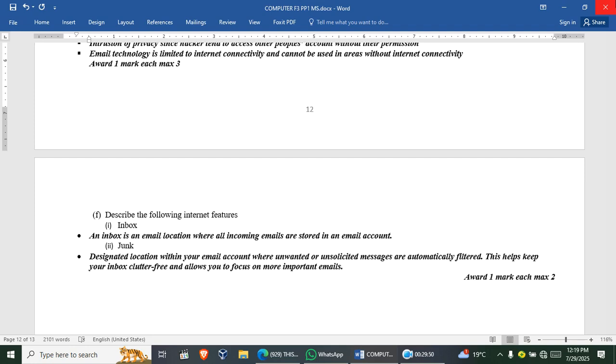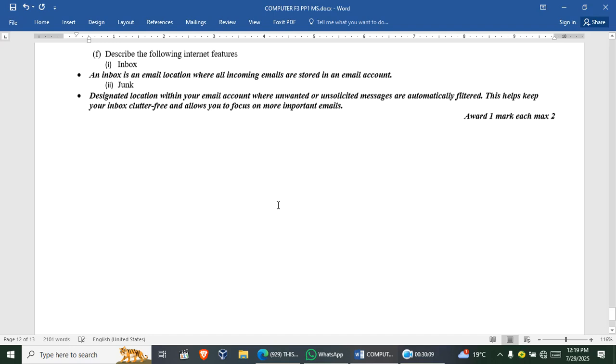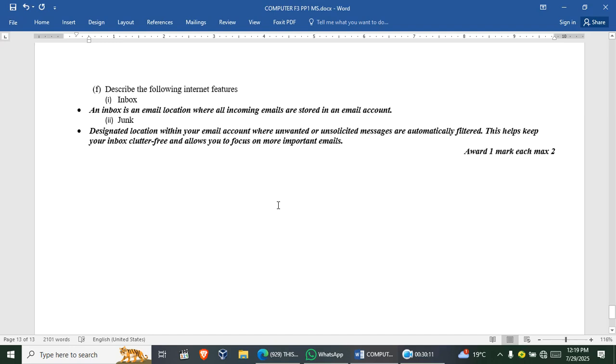Junk, we can talk about trash in other email accounts or services. Junk is a location where unwanted or unsolicited messages are automatically filtered. You can also talk about spam. Guys, that is the end of our Form 3 revision on this session.